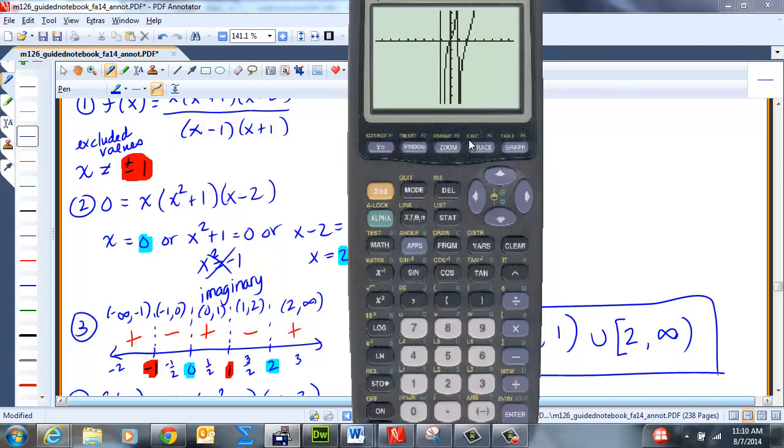Let's zoom this one standard and see. We can zoom in a little bit. Nice. Okay, so this is our picture of our graph.